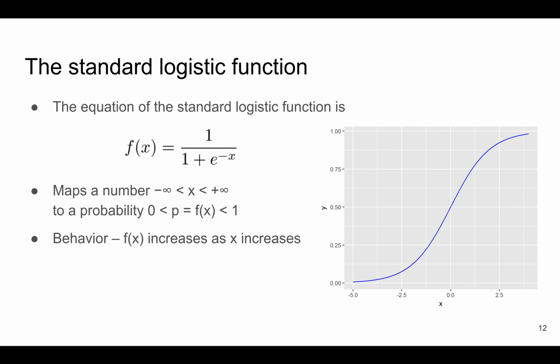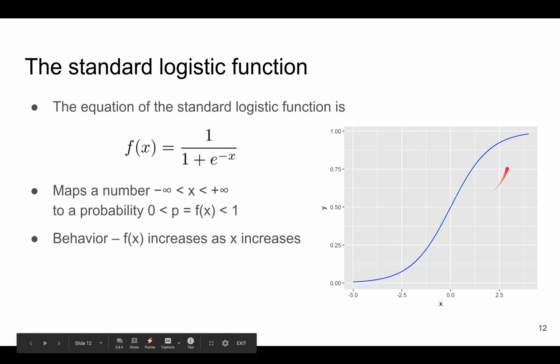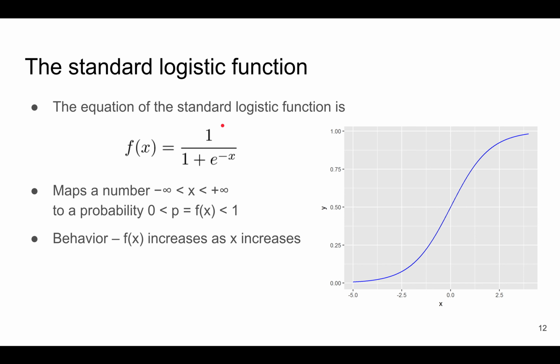Alright, now let's get to the logistic function. This is a plot of the standard logistic function, which is the S-shaped curve that we saw earlier. And this is the equation of the logistic function, which is good to know. But basically, somehow it magically gives us the beautiful S-shaped curve that we want.